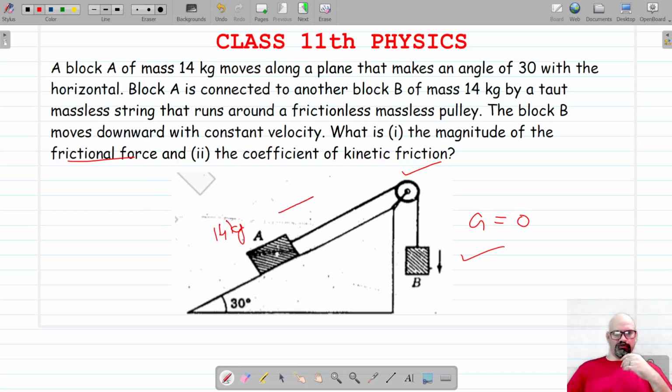So this block moves upward, and the force of friction plus the component mg sin theta is in the downward direction. This is the component mg cos theta.